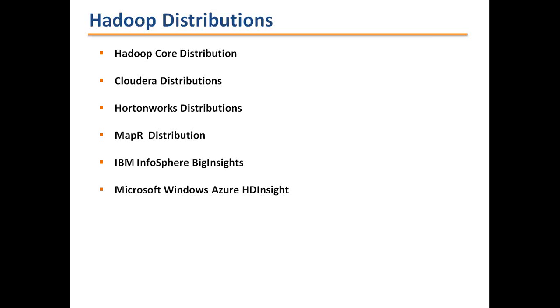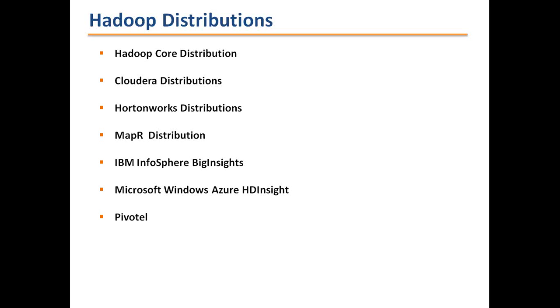Pivotal is also one more distribution. These are a few Hadoop distributions, and also Amazon Web Services. The AWS cloud also has distributions.